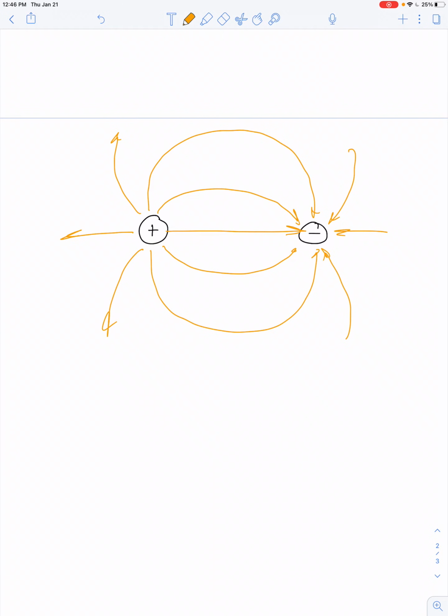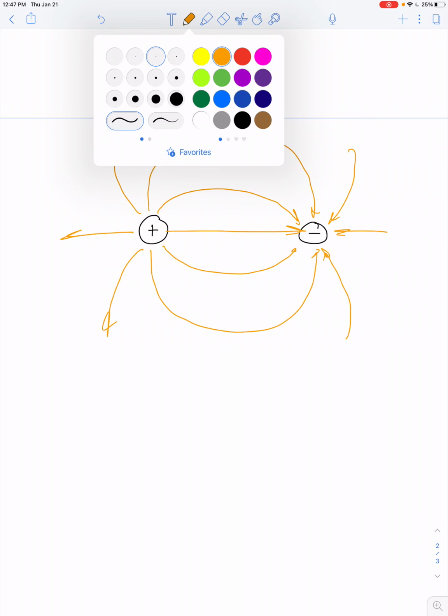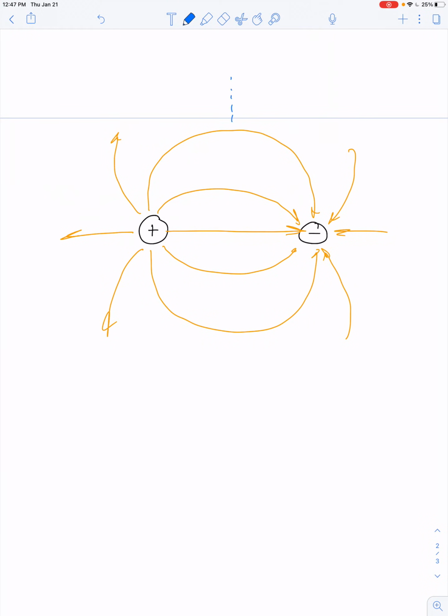What do the lines of equipotential look like? There's one line of equipotential that goes straight down and bisects this pattern. There's another line of equipotential, something like that. Notice wherever an electric field line intersects a line of equipotential, the angle is 90 degrees.